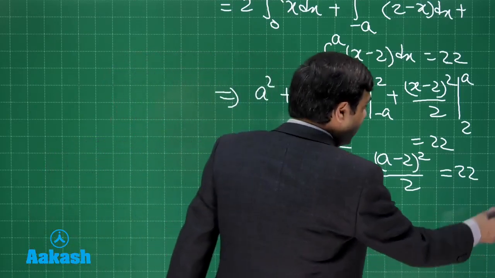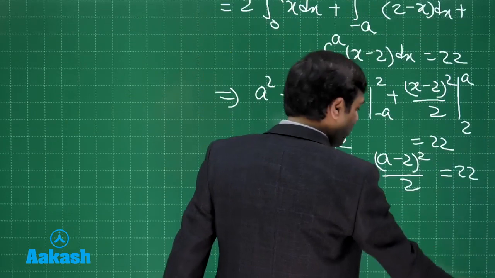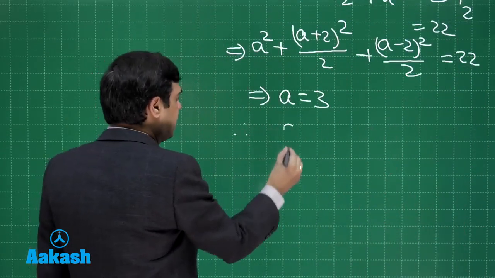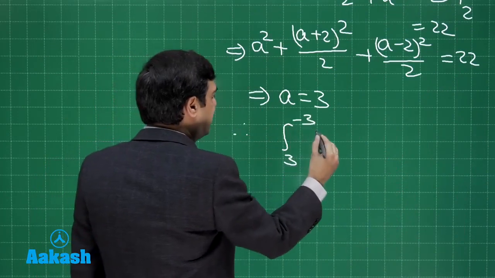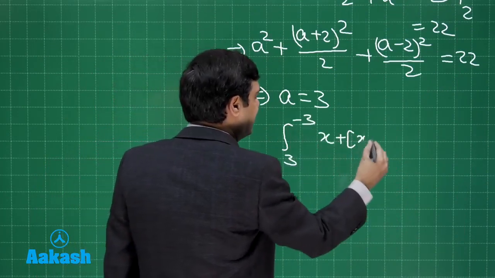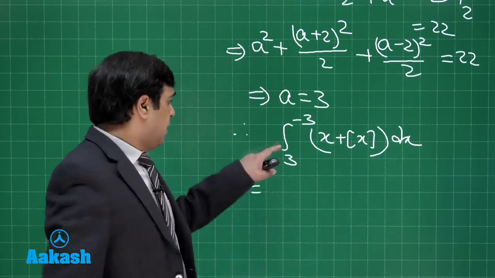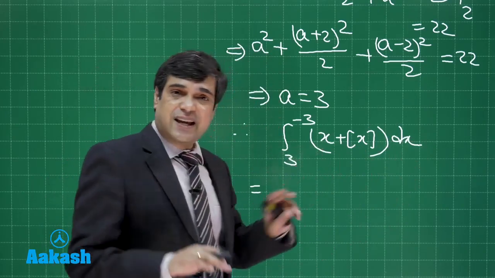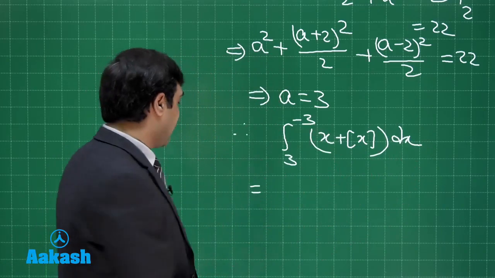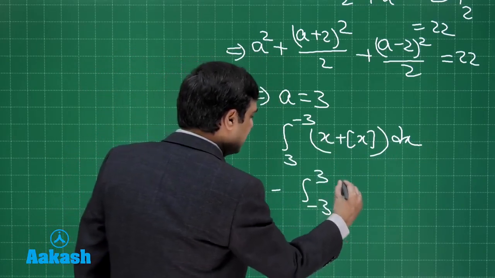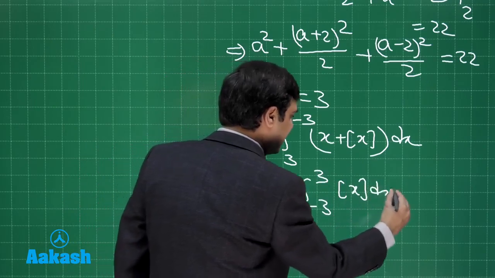Now, what's the requirement? Let's check out. We are looking for the integral. Let's write down. Therefore, integral 3 to minus 3 of x plus greatest integer x dx is equal to integral 3 to minus 3 of x dx, that's simply 0. For the other one, let's write it minus of integral minus 3 to 3 of greatest integer x dx.